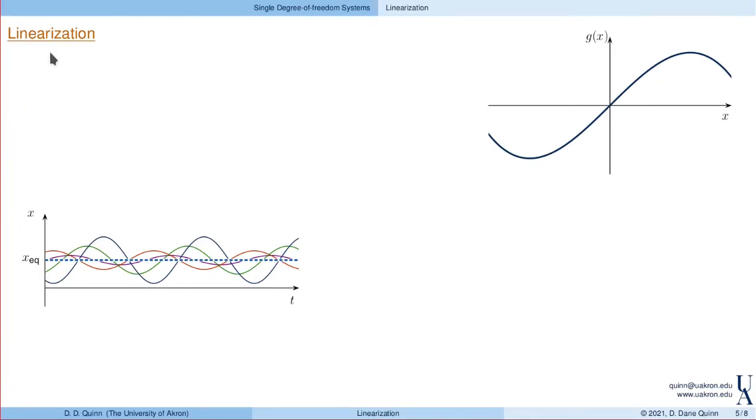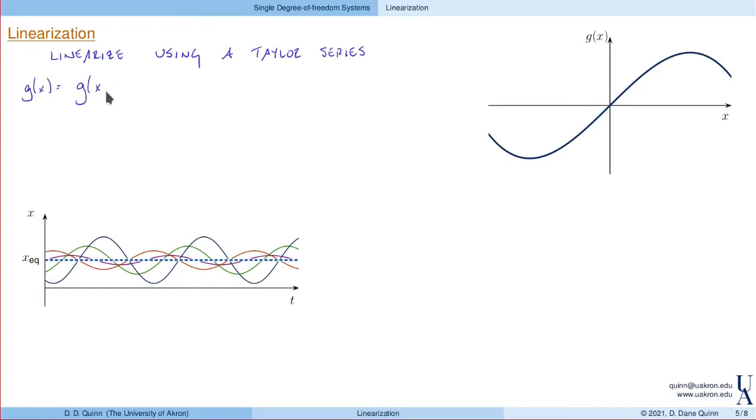So any function can be linearized using a Taylor series. At this point, you've learned about Taylor series. You may recall that if I have some general function, g of x, I can define a Taylor series about some point, right?